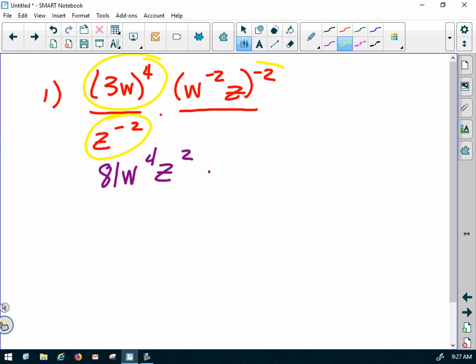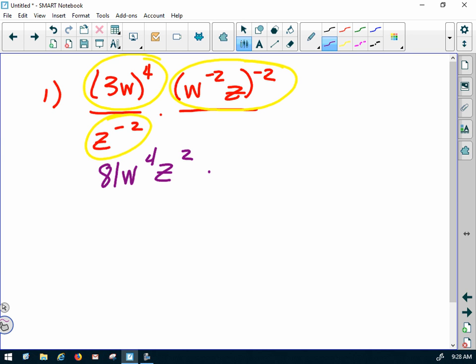Now let's look at this piece. Look at the rules on the front. There are multiple rules that this one covers. Let's address power of a product. I'm in the right column, second one down.